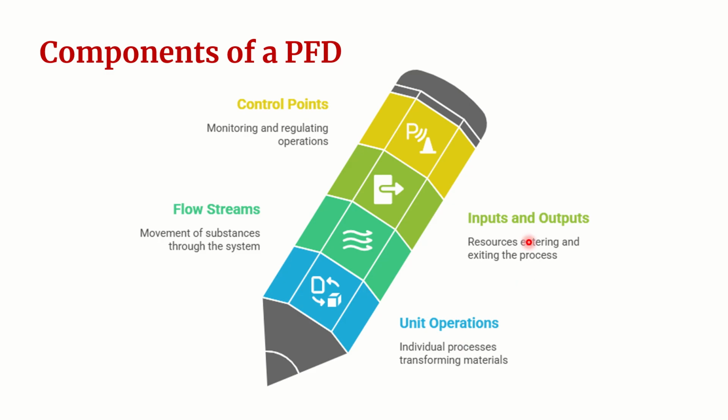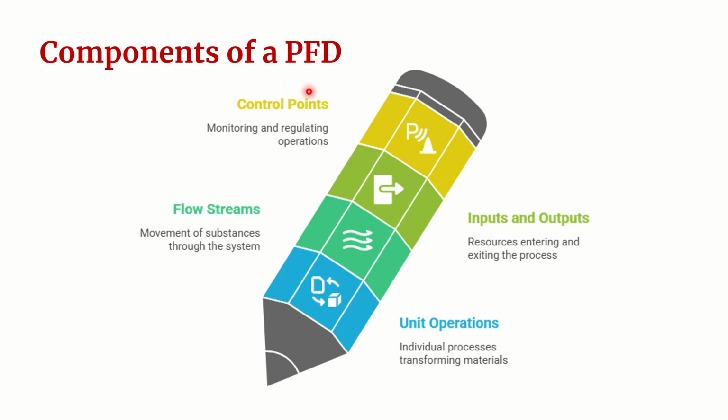Then flow streams, lines indicating the movement of material, so raw material, intermediate or some byproducts, final product, waste streams, everything. Then inputs and outputs, so all resources entering the system and all the products and waste streams leaving the system.